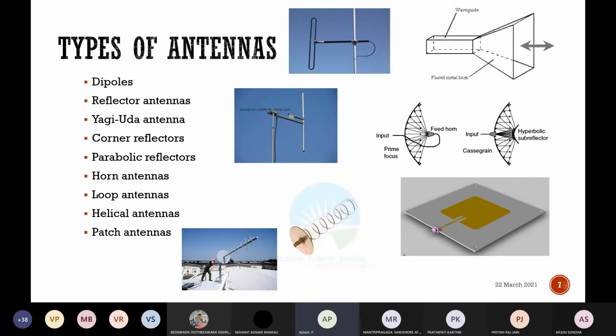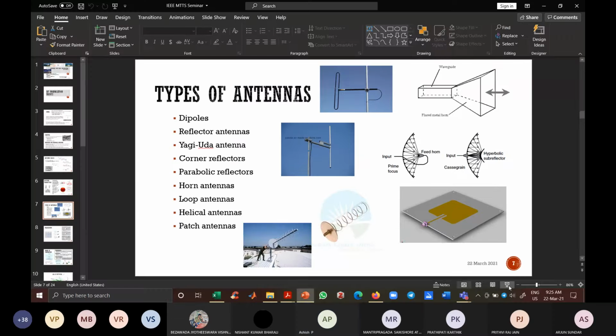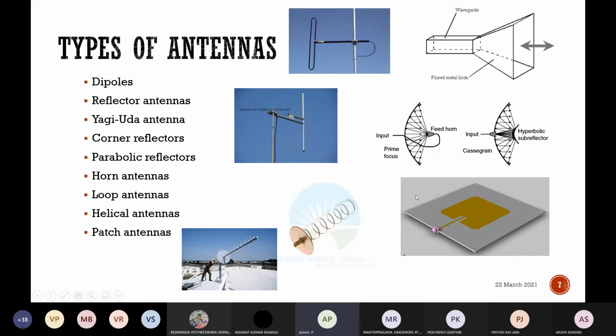These are the different types of antennas which we have. This is called a dipole antenna, where the feed is in the center. This center part of this element is a dipole antenna.